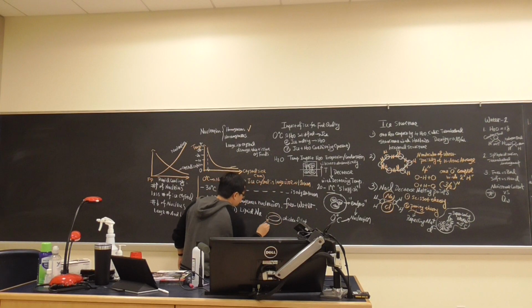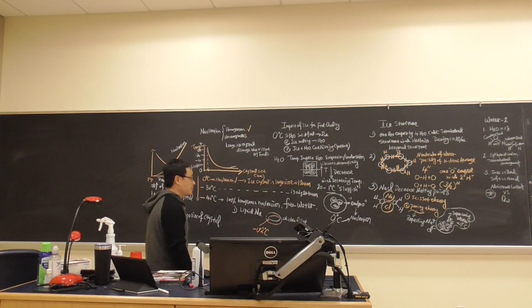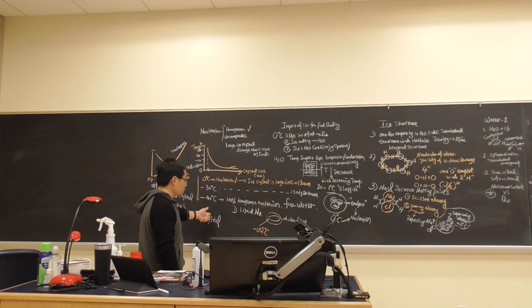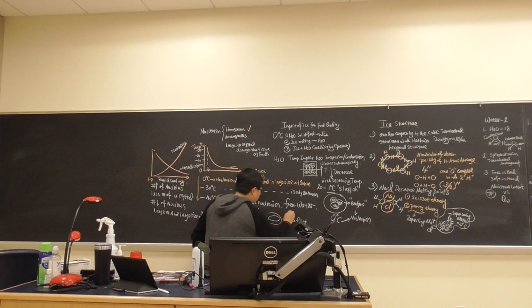The temperature is very low, going to minus 192 degrees Celsius. The water looks like it's boiling, it's gone. Liquid nitrogen can completely reduce the temperature below minus 40 degrees Celsius. What happens is 100% homogeneous nucleation.